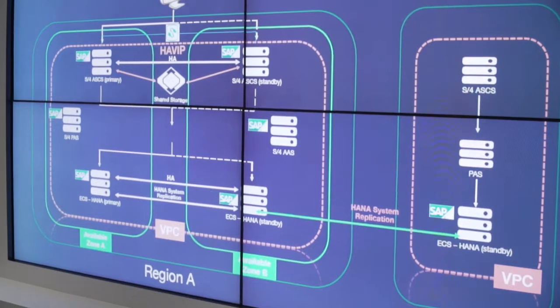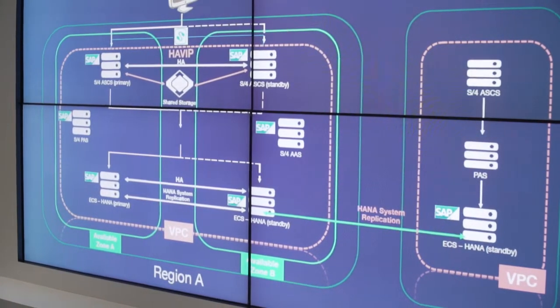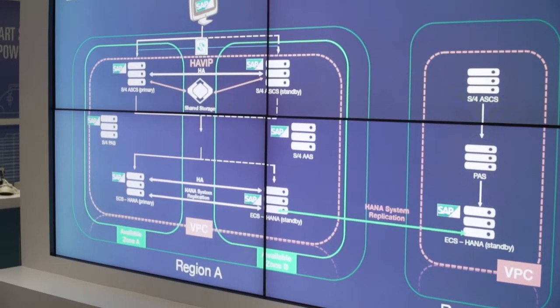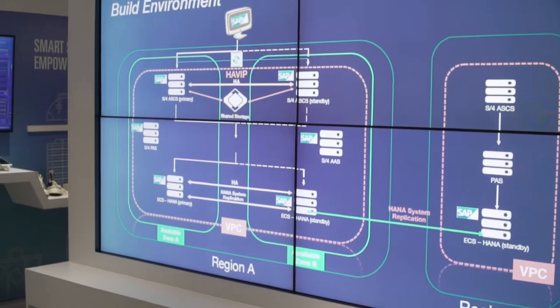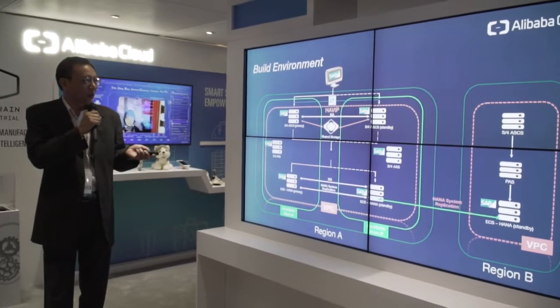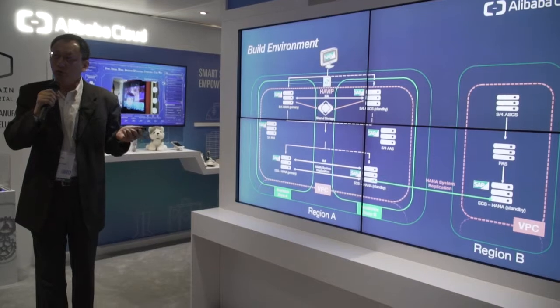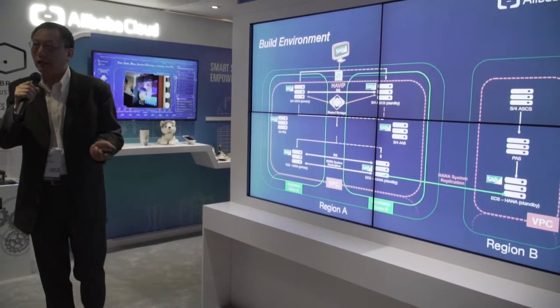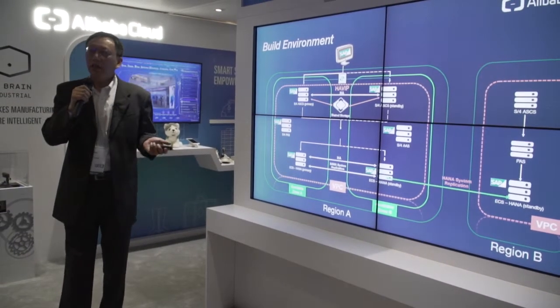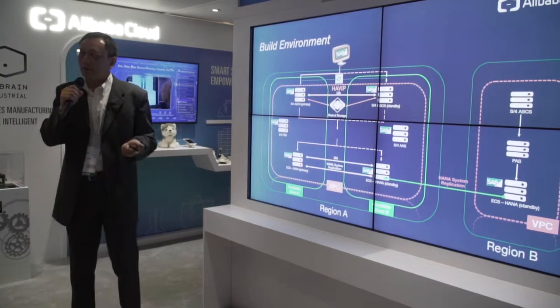You can start small if your business is not growing at the moment, but as your business grows, you can scale up. If you look at this one, you can see we can do multiple zones in one region to have HA, high availability, for the SAP system.